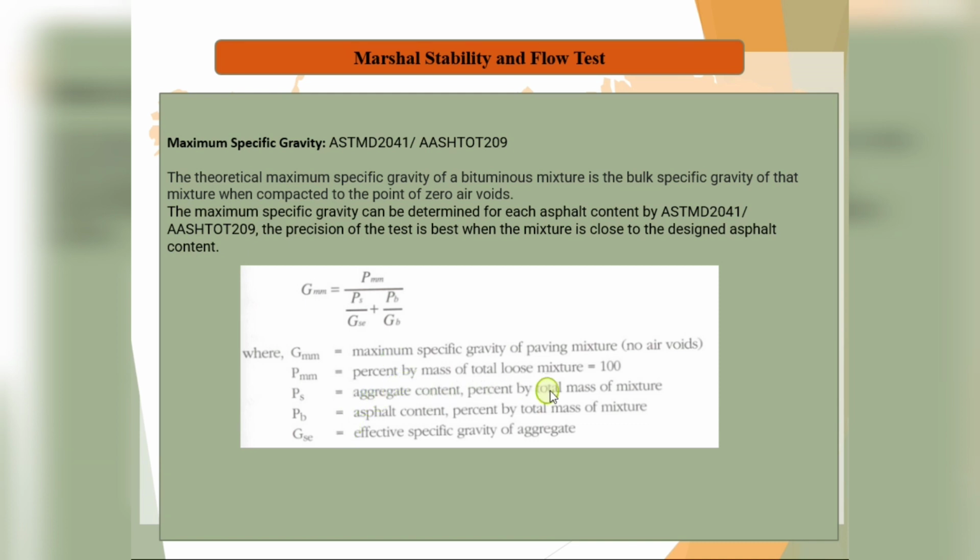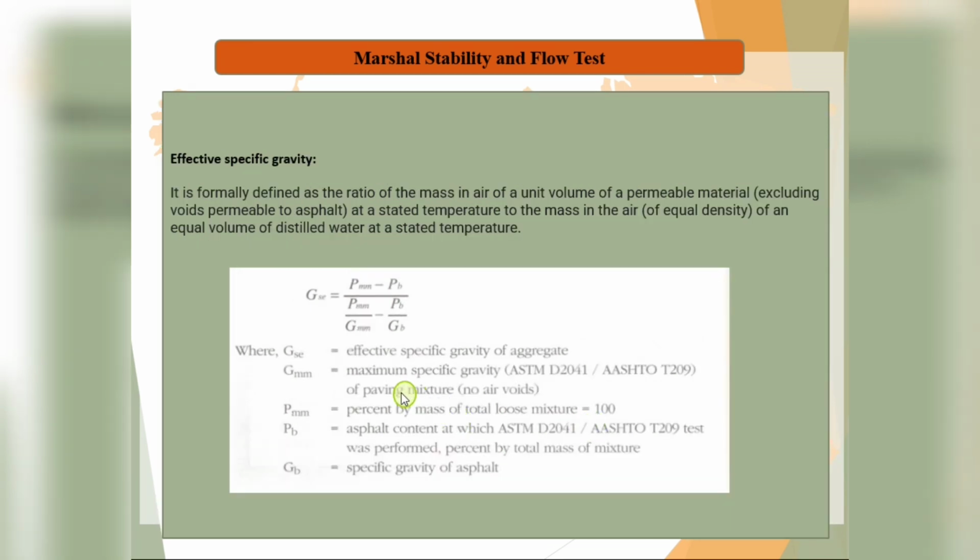G is the maximum specific gravity of paving mixture with no air voids, and P_mm is the percentage by mass of total loose mixture, P_s is the aggregate content percent by total mass of mixture, and P_b is the asphalt content percent by total mass of mixture.